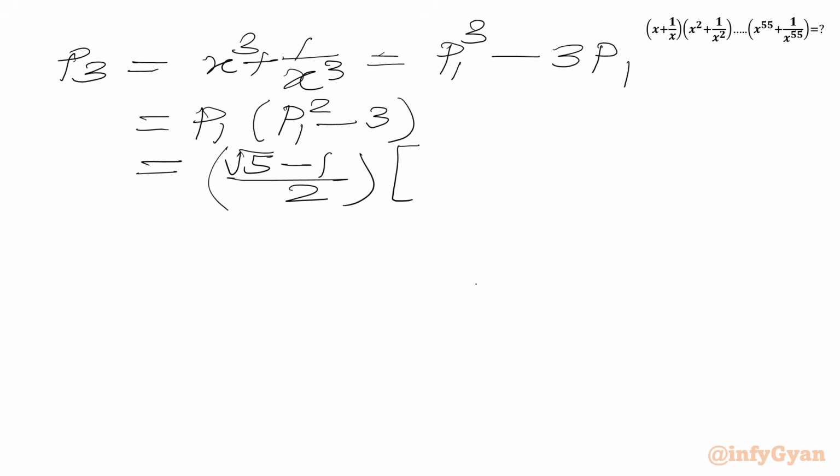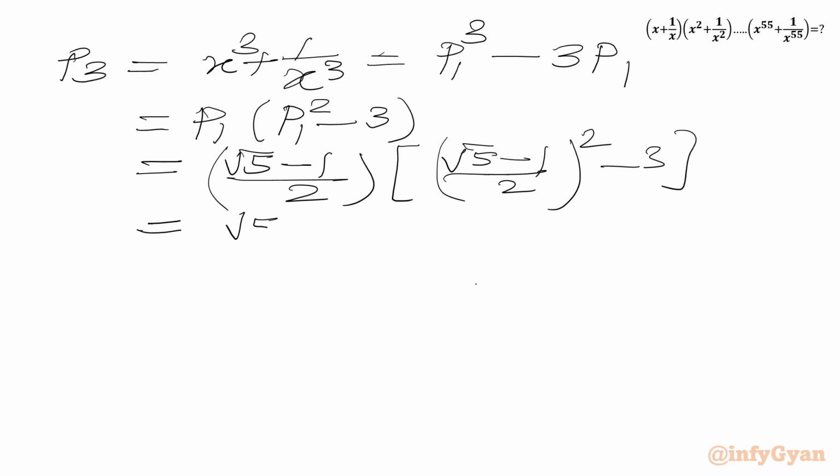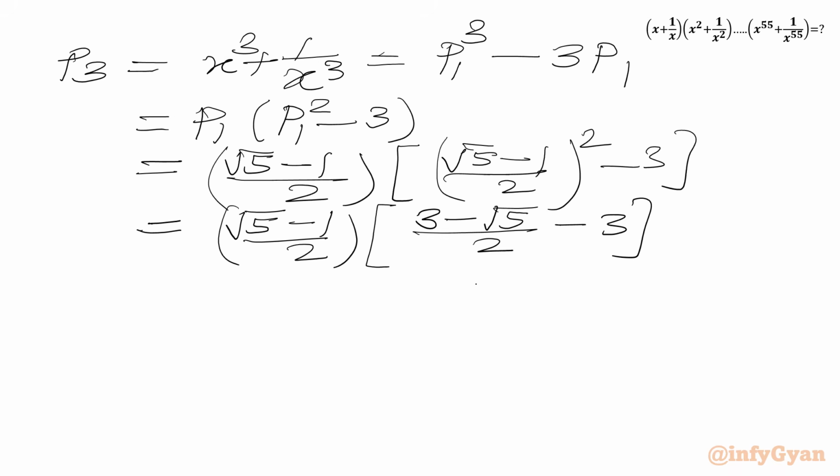And in the bracket we'll write ((root 5 minus 1) over 2) whole square minus 3. Now we have to simplify and we will write (square root 5 minus 1) over 2. In the other bracket we'll get (6 minus 2 root 5) over 4, which will be equal to (3 minus root 5) over 2 minus 3. So we can write (square root 5 minus 1) over 2 times (3 minus 6 is minus 3, minus root 5) over 2.